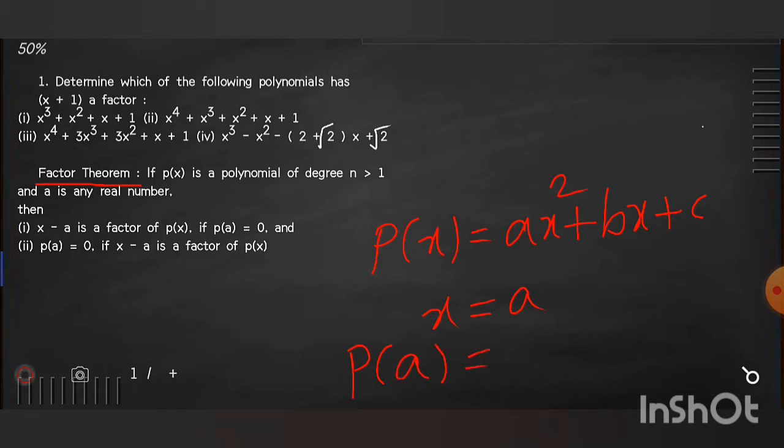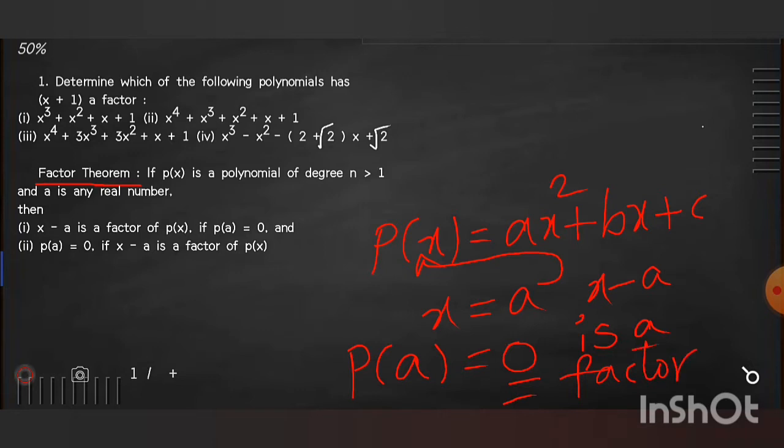equals 0. That means after replacing this a value in x, if the result obtained is 0, then we say that x minus a is a factor of p of x. This is called the factor theorem.